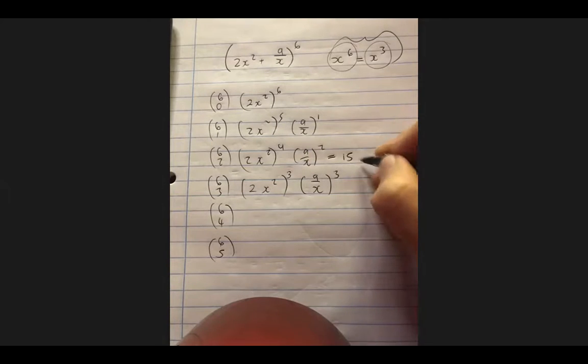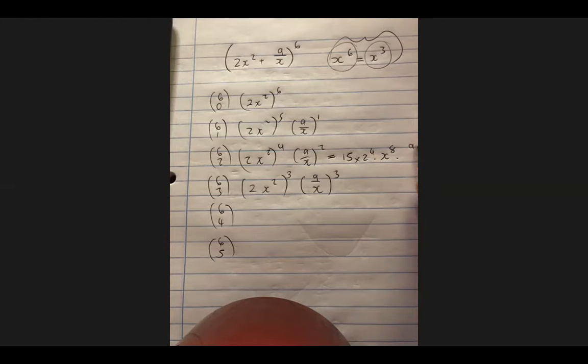So I'm going to say 15 times 2 to the power 4 times x to the power 8 times a squared x squared. Okay, let's just not go off page. And then we can work it out. Remember, the calculator is there to help you. Don't go rogue and try and do this in your head unless you want to challenge yourself. I'm not going to do it.